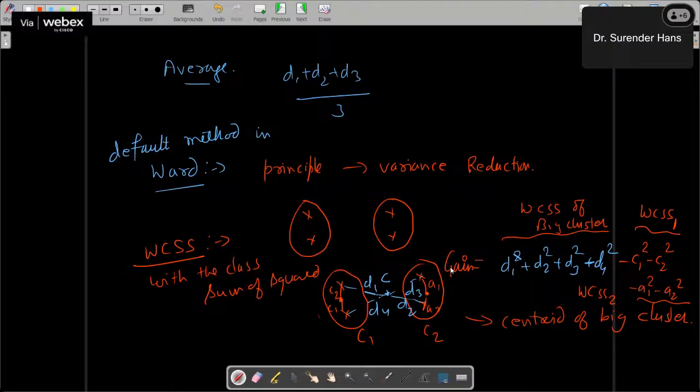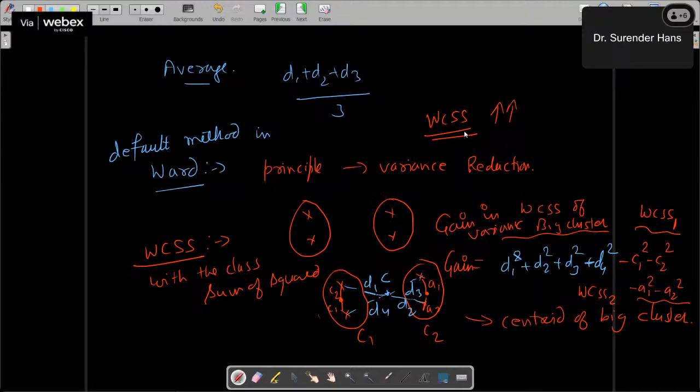So let me repeat one more time. This one is the gain in variance. Okay. So this gain in variance is the WCSS. WCSS means within the class sum of square. So if this number is very large, we have clustered in separated form.